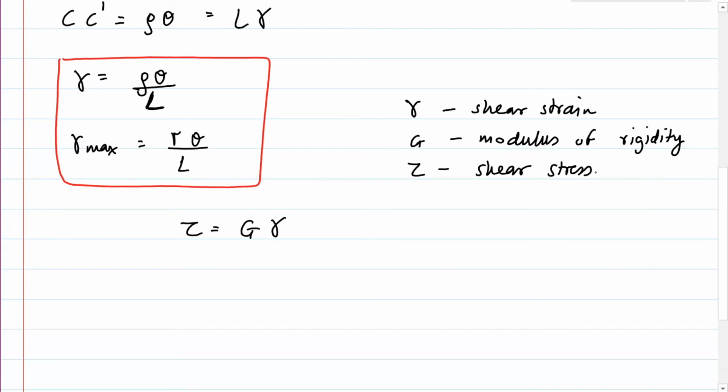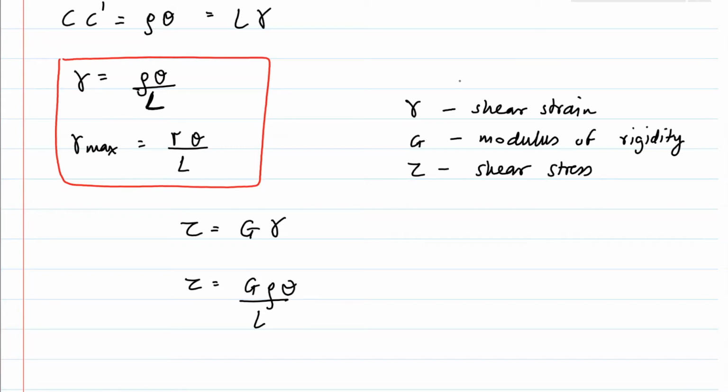So now we can write tau as G times, and I'm going to sub in from here, rho theta divided by L. There's a question: R and rho are the same, right?